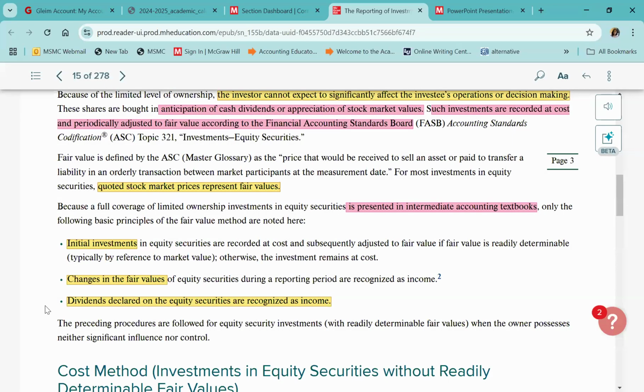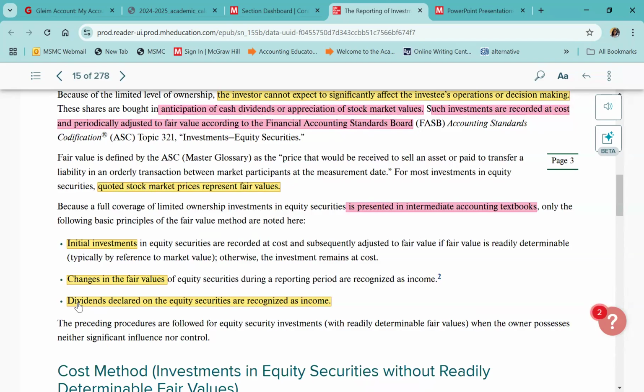And the credit or debit, usually unrealized holding loss or unrealized holding gain. So if the stocks went up in value, I will debit the investment, but I credit unrealized holding gain. It's not a real gain because I did not sell the stocks. I'm just changing the value because GAAP tells me to report these stocks at fair value.